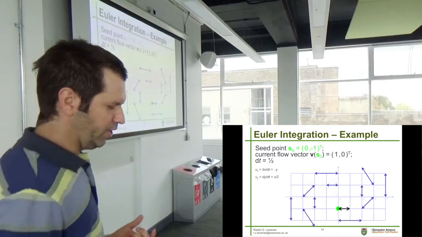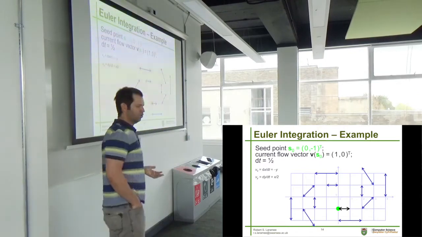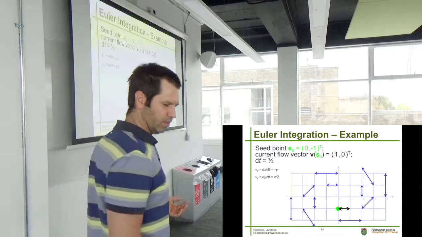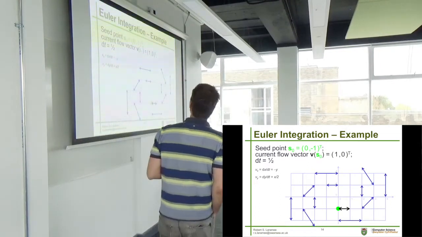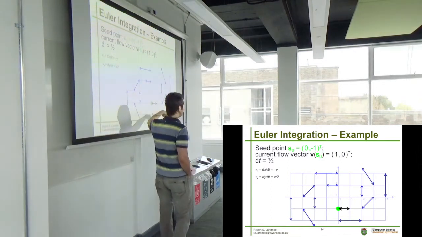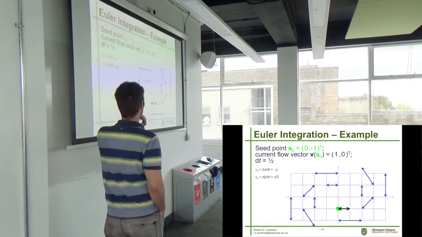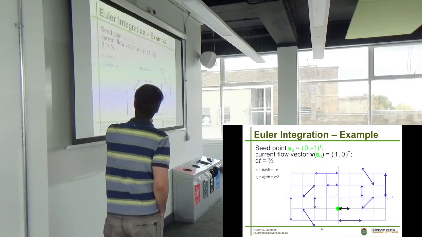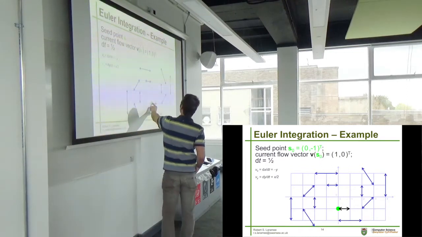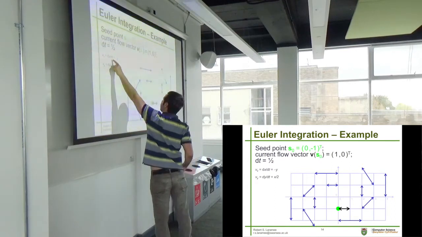And now let's compute a streamline point using the Euler integrator. So now the seed point, in this case, this is the seed point we're going to use for our streamline. We just happened to choose that in a previous slide too. To get the x component of the velocity, I've repeated the formula down here.